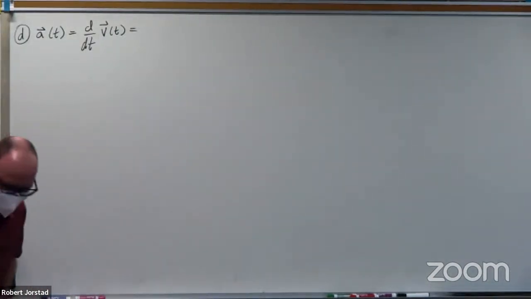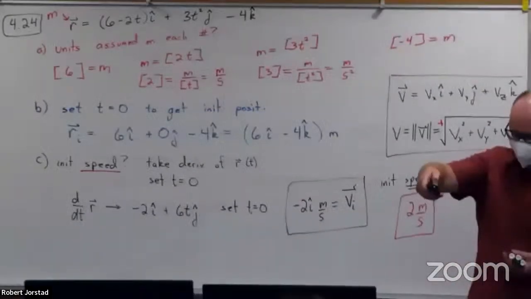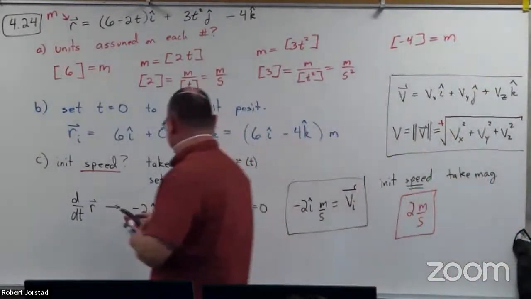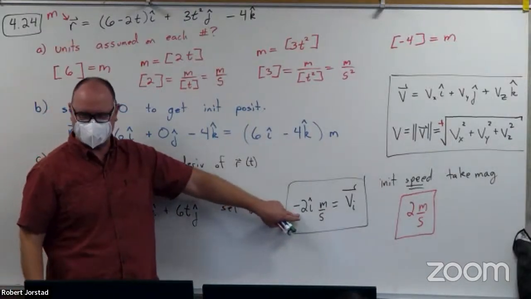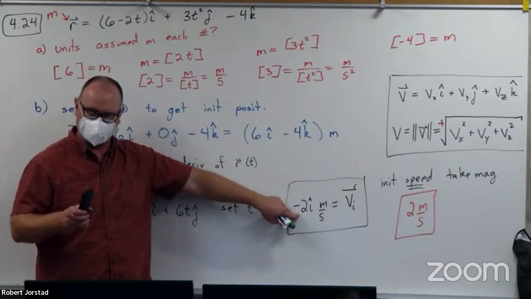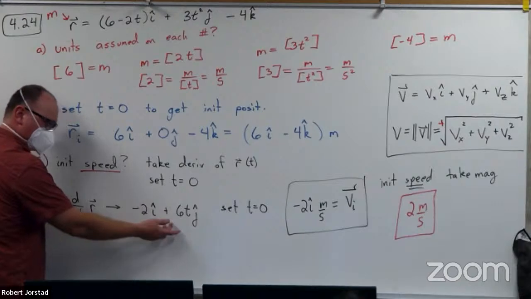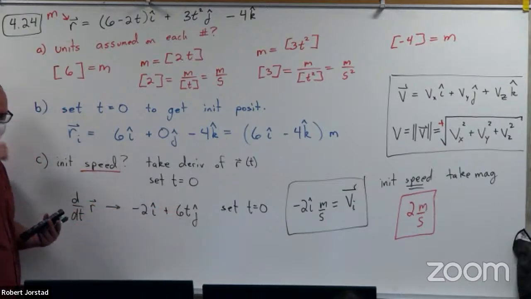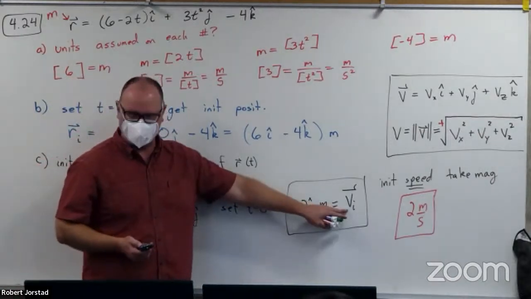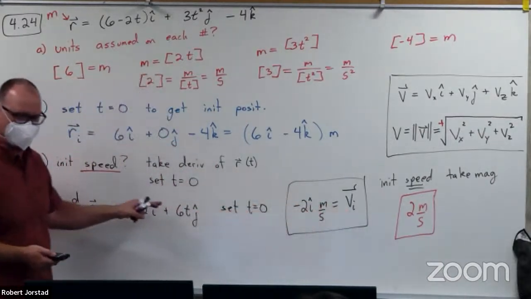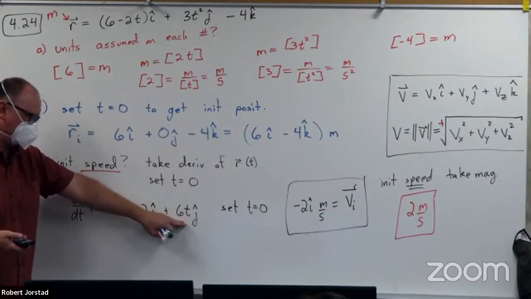Take a look. This is the velocity as a function of time. If you take the derivative of the initial velocity, you get 0. But if you take the derivative of the velocity as a function of time, we get 6j hat. Got it? So there's a difference, right? The initial value should be a constant, but the velocity as a function of time could change, as we see right here.